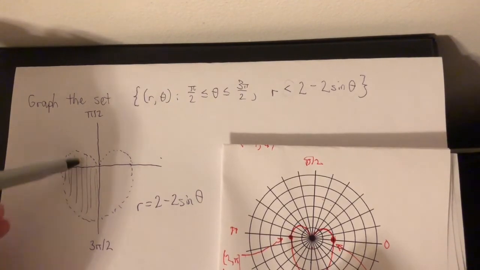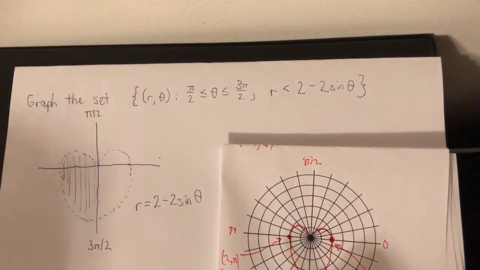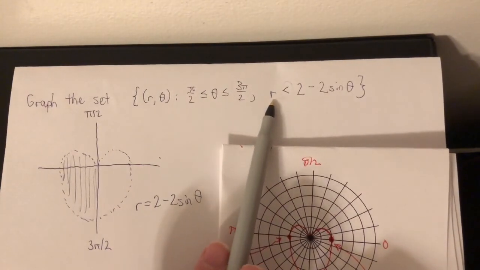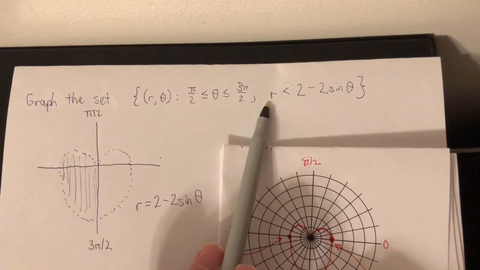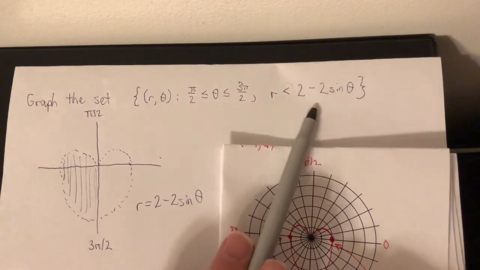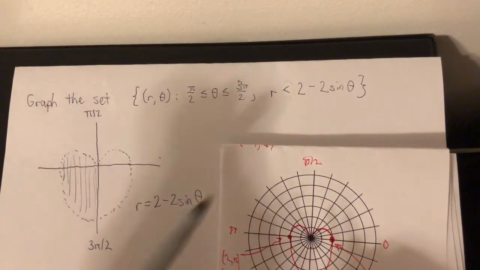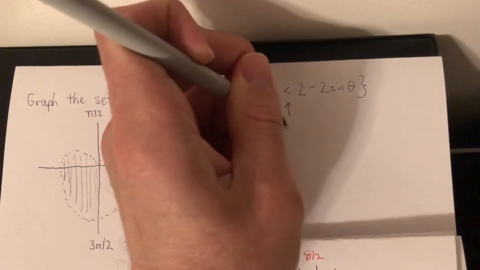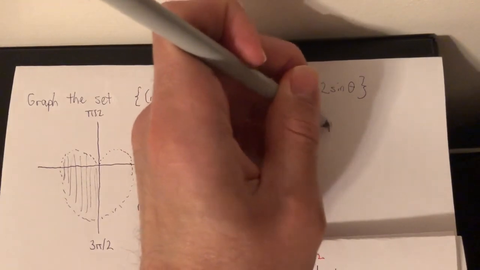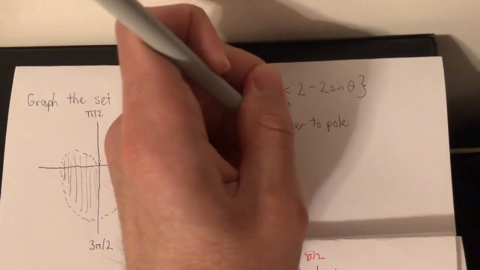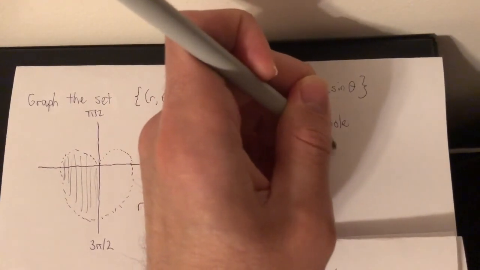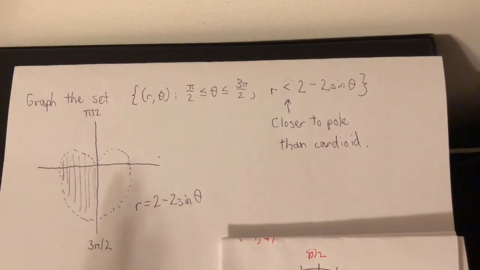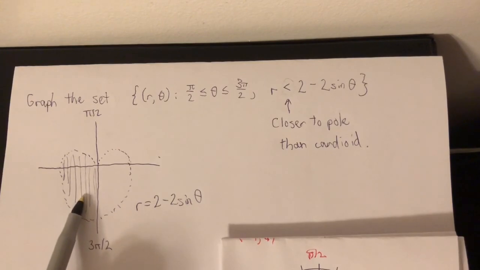Now, why am I shading the inside of the cardioid? I'm shading the inside of the cardioid because of this less than. So what is this saying? This is saying the distance from the pole is less than that of the cardioid. So I'm looking for all the points that are closer to the pole than the cardioid. So that's why I'm shading the interior of the cardioid here.